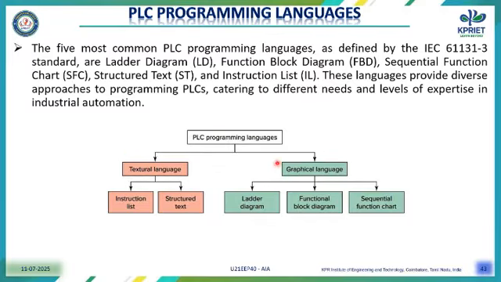Textual language and graphical language are the two major classifications in PLC. The textual languages are instruction list and structured text. Similarly, the graphical ones are ladder diagram, function block diagram, and sequential function chart. In textual language, we need to give the instructions, typing them as an instruction list or structured text.